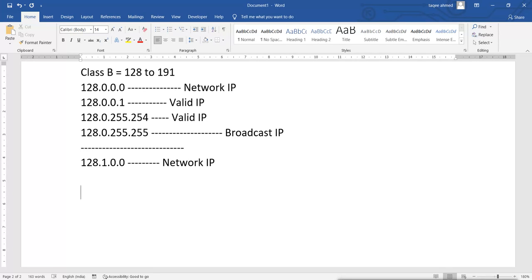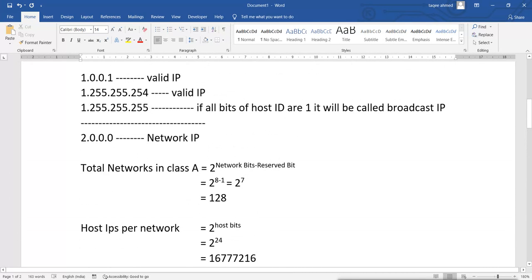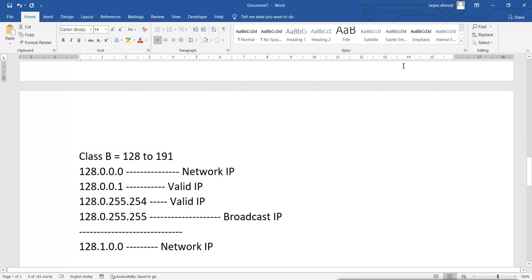Now, how many networks do we have in class B first? Total number of networks. Now remember, it has increased the network bits.